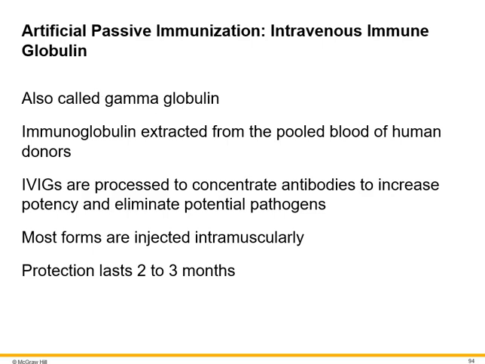Gamma globulin is also called immune serum globulin. So you're getting IgG antibodies, and that's why it's also called gamma globulin.